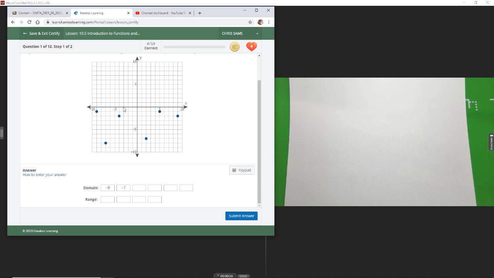This is on the -4 x value. And then the next point we get to would be a +2. And then the next point we get to is 5. And then the next point we get to is 9.